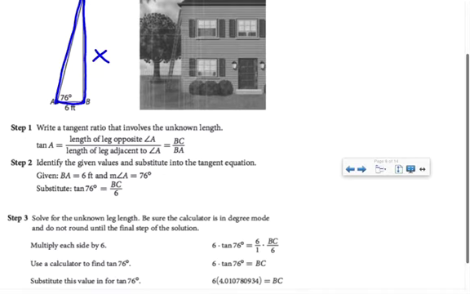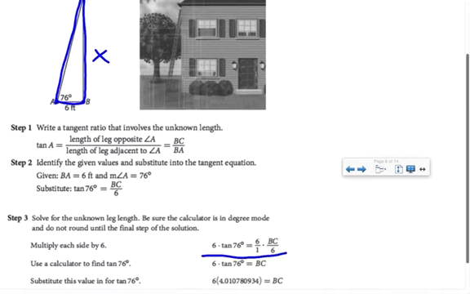So they have that BA is 6, so you see that they've substituted 6 in for BA, and then they have the 76 substituted in for angle A. And then we're just kind of solving for our unknown length. So here we see that they're multiplying both sides by 6 in order to get BC by itself. So you're multiplying 6 times the tangent of 76, which is a value you get out of your calculator.